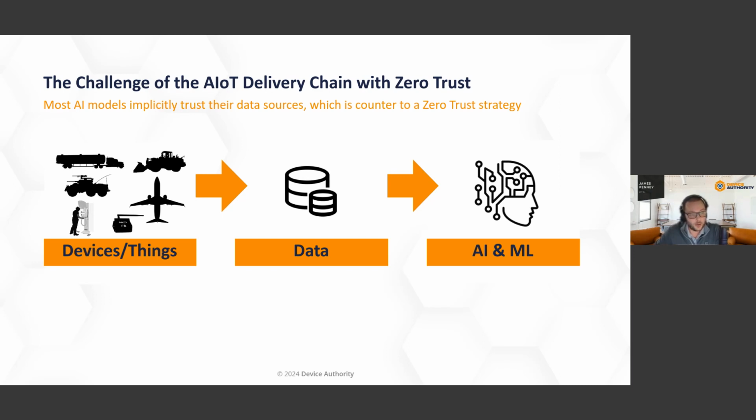So what we've got is a challenge for the AIoT delivery chain. As I believe was referenced in David's session previous to mine and a few others, there's an implicit trust between the machine learning process and the data. The data sits in a more protected zone.